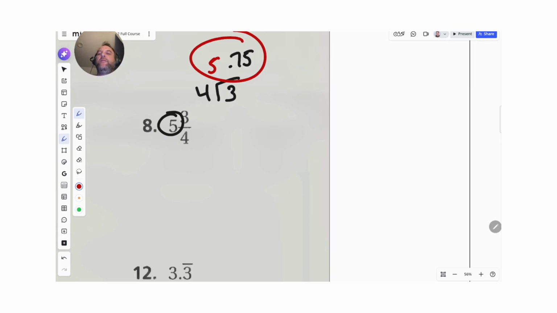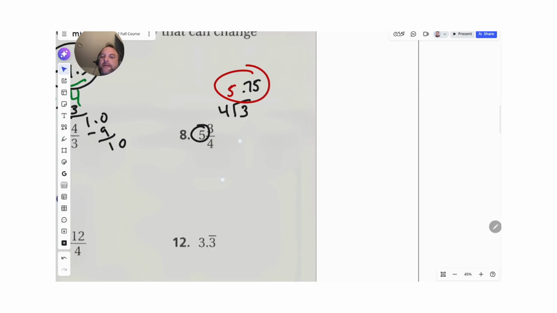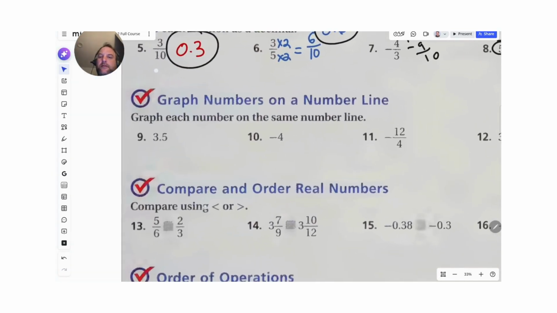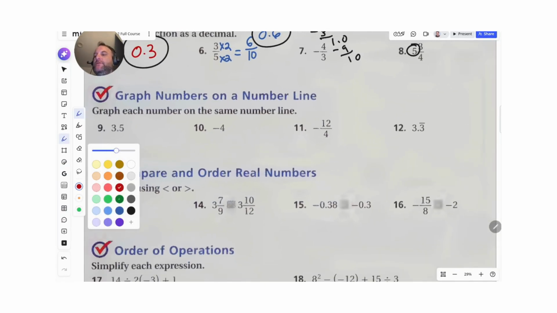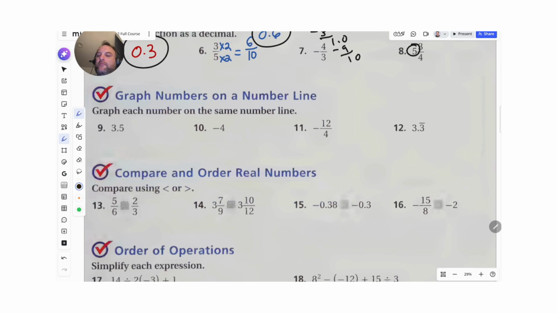All right, let's graph numbers on a number line. We have arrows that go in either direction infinitely when we're drawing our number line. There's a number line. All right, 3.5. That is exactly between 3 and 4.